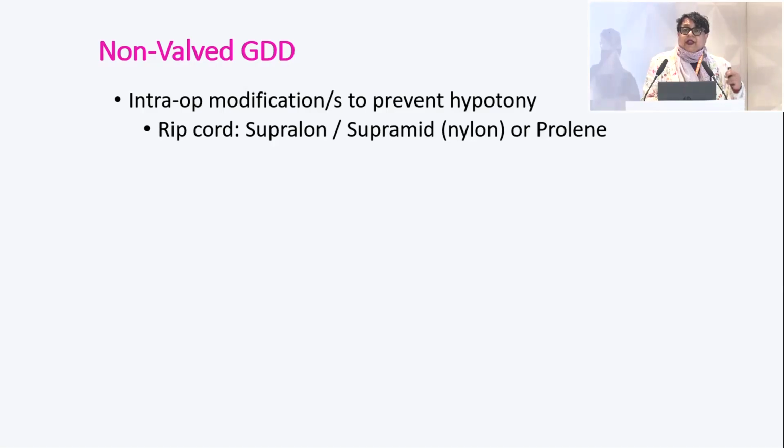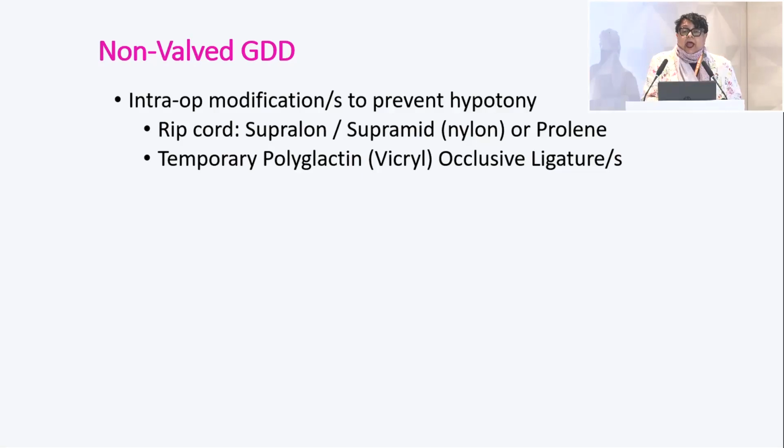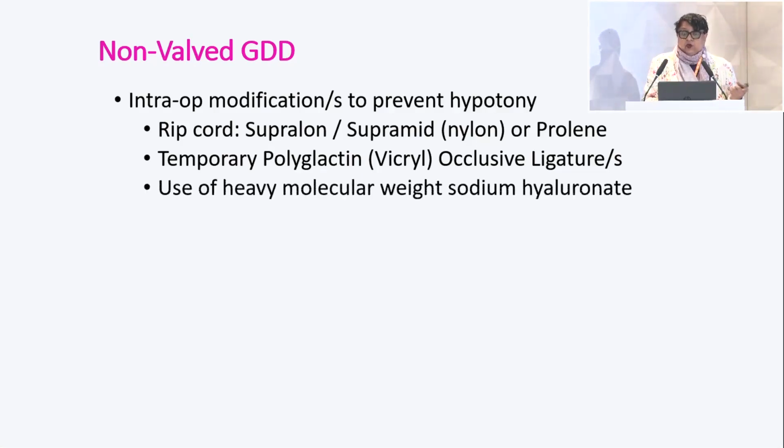To prevent early post-operative hypotony, you use a ripcord. You either use Supralon, which is our indigenously made 3-0 nylon from Aravind, or Supramid, which is not available in India, or you can even use the 4-0 Prolene. And you use temporary Vicryl sutures as occlusive ligatures.